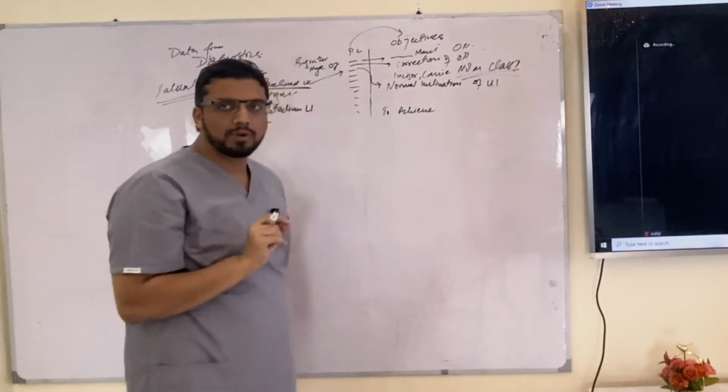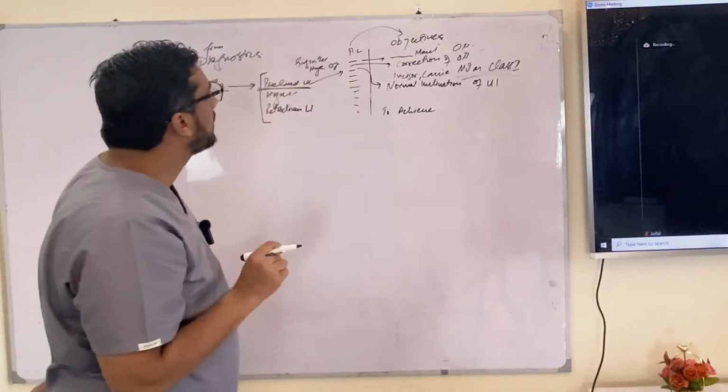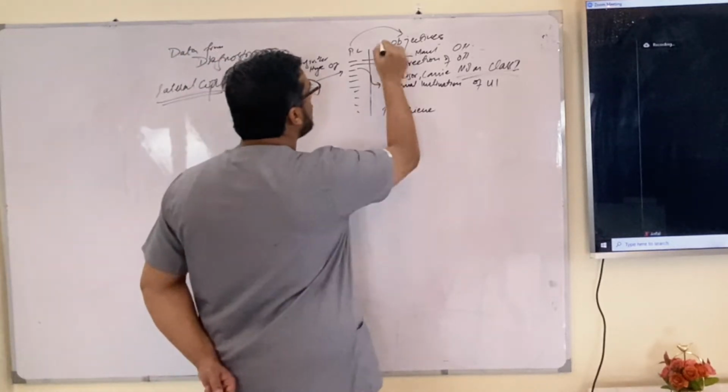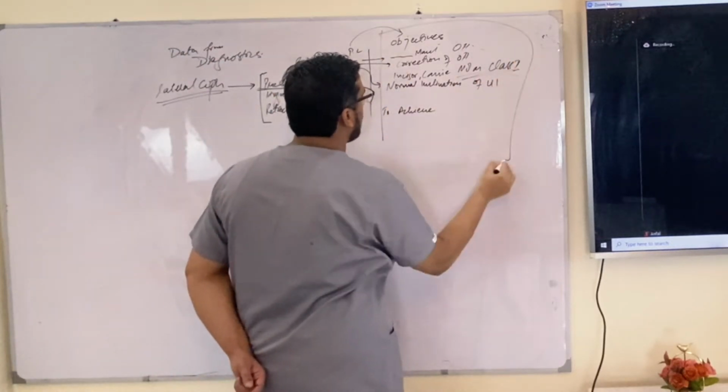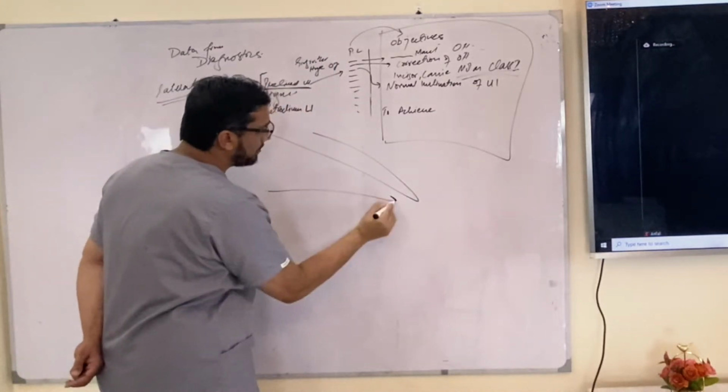Once you do one or two cases step by step, then you will come to know these steps. So what happens after making the objectives? These are your objectives. For example, I said the huge overjet is your objective.